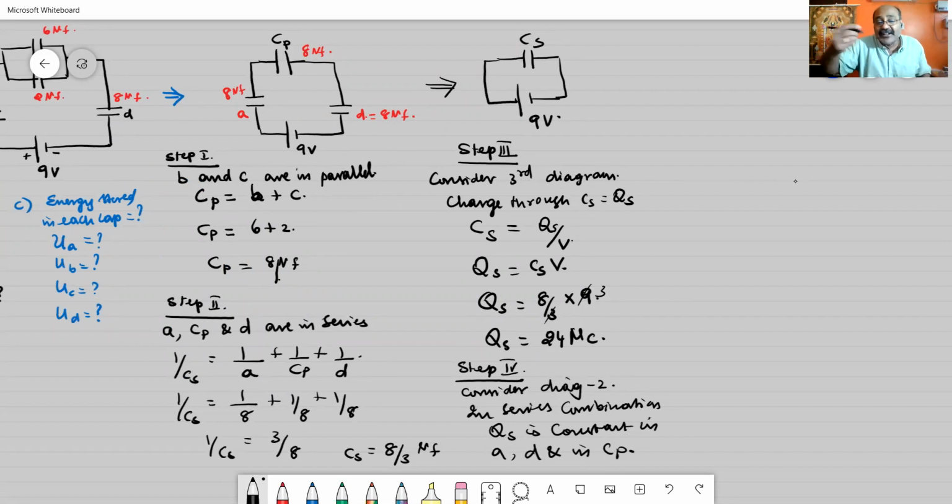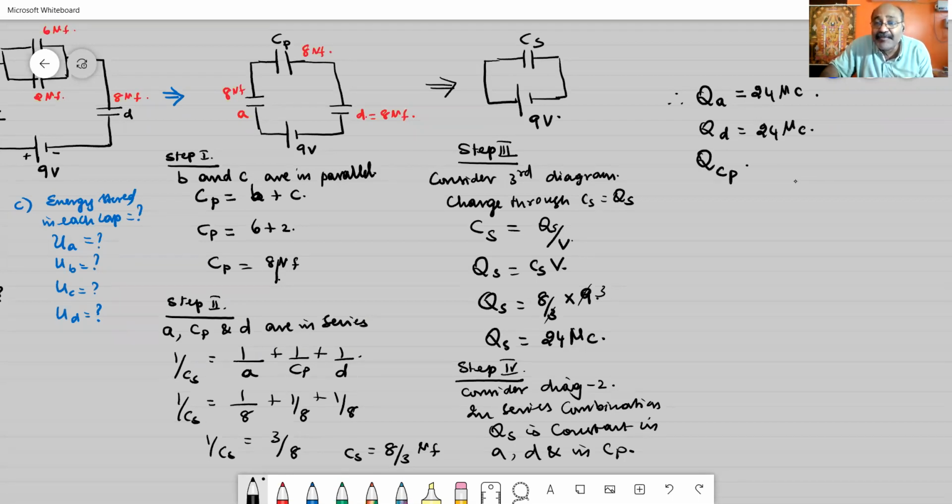Now, the potentials are different. Therefore, the charge in A is Qs, that is 24 microcoulomb. The charge in D is also 24 microcoulomb, and the charge in CP is 24 microcoulomb.